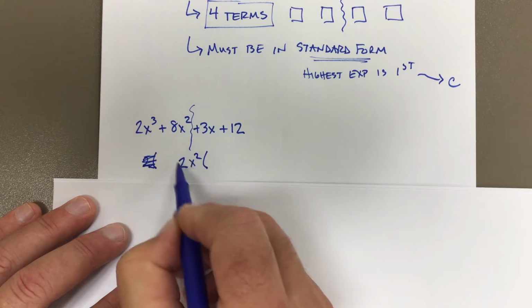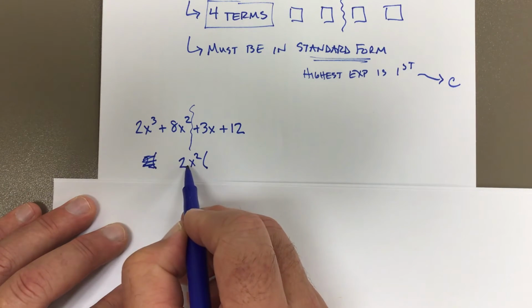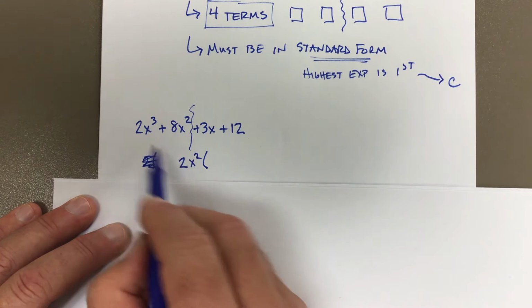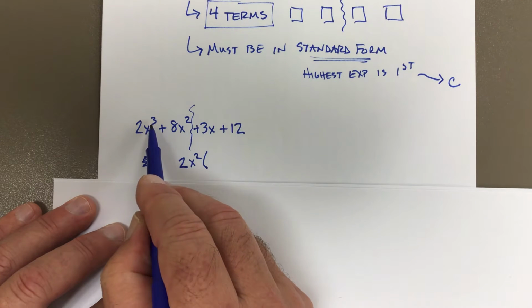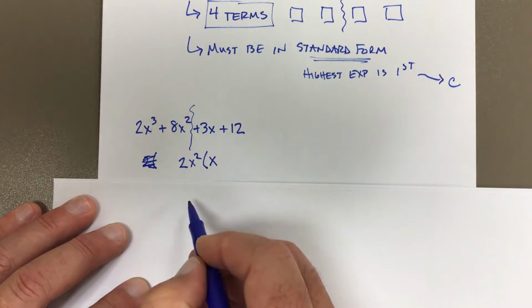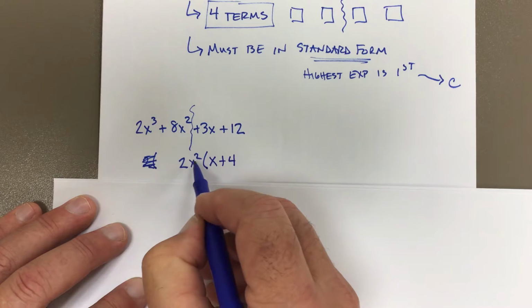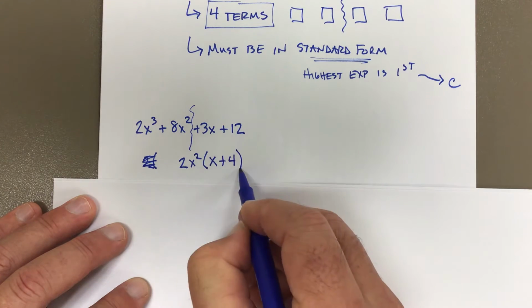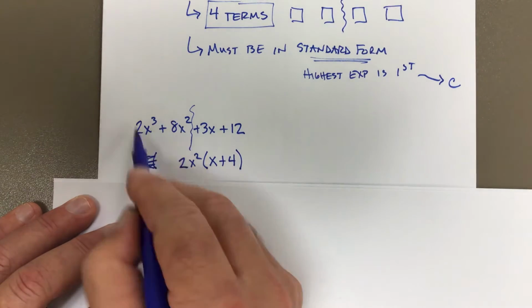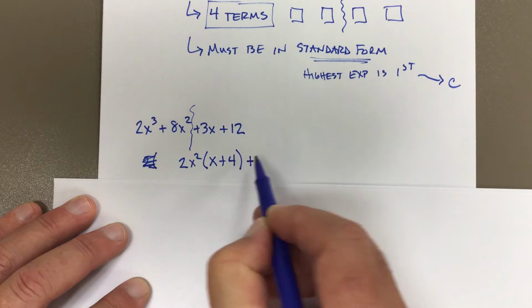You're going to divide both of these by this. 2 divided by 2 is 1, and then you subtract the exponents: 3 minus 2 is 1. 8 divided by 2 is 4. 2 minus 2 is gone. So that's what's left over here. Then put your plus sign.